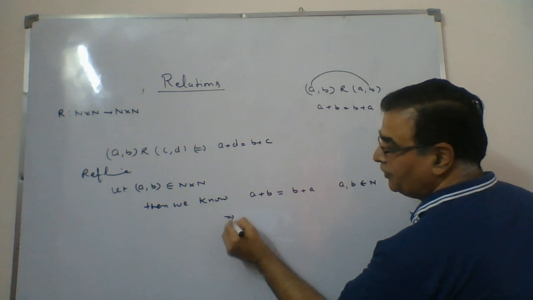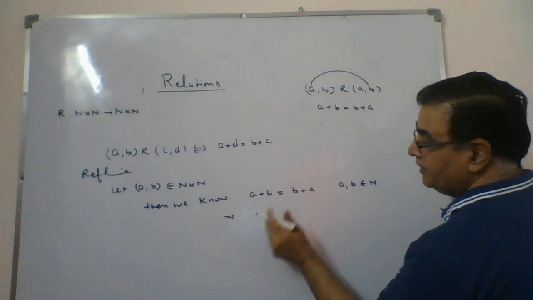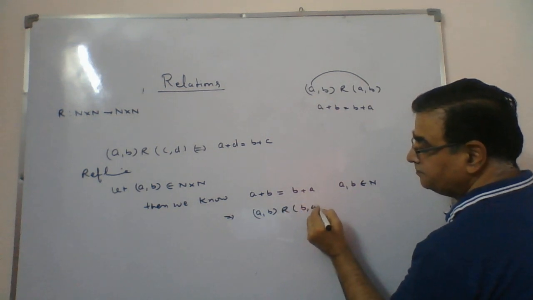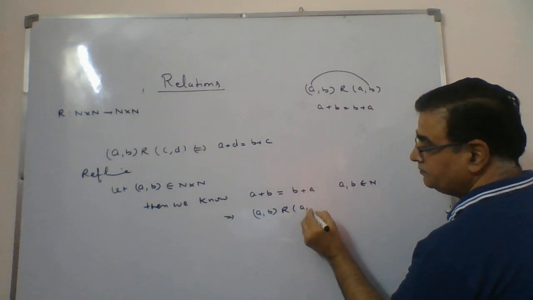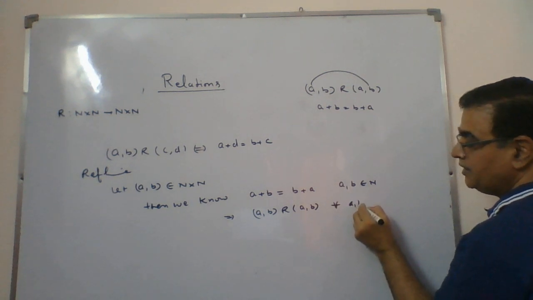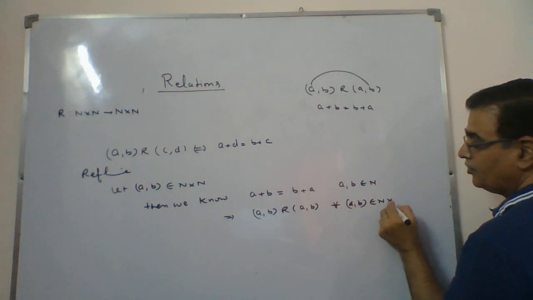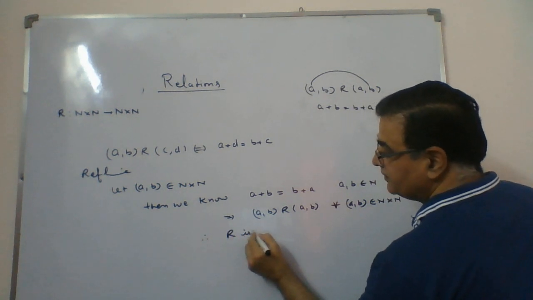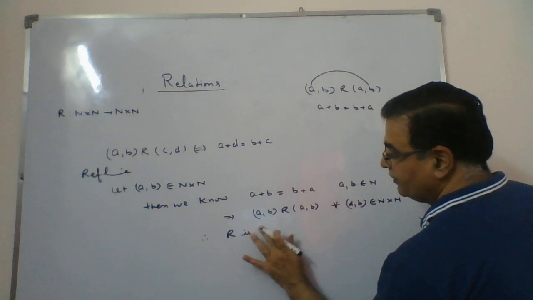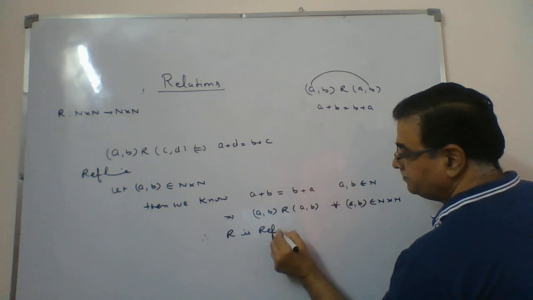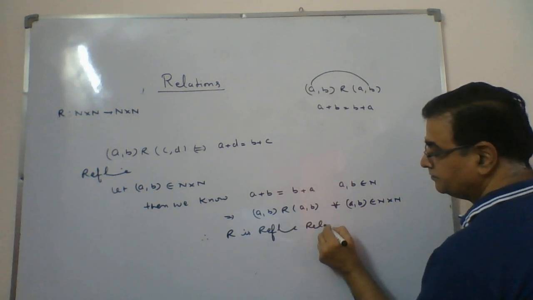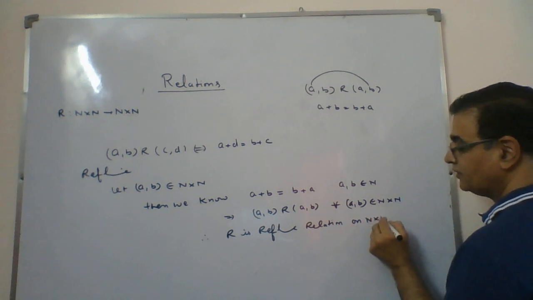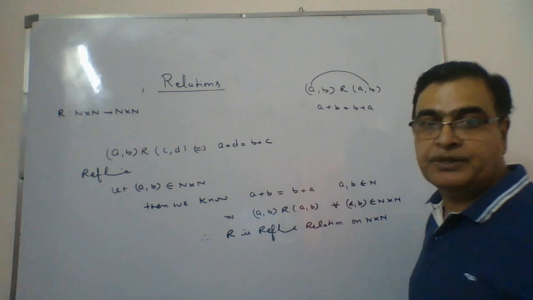It's the commutative property for natural numbers. So (A, B) relates with (A, B) for all (A, B) belonging to N cross N. Therefore, R is a reflexive relation on N cross N. First part we have completed.